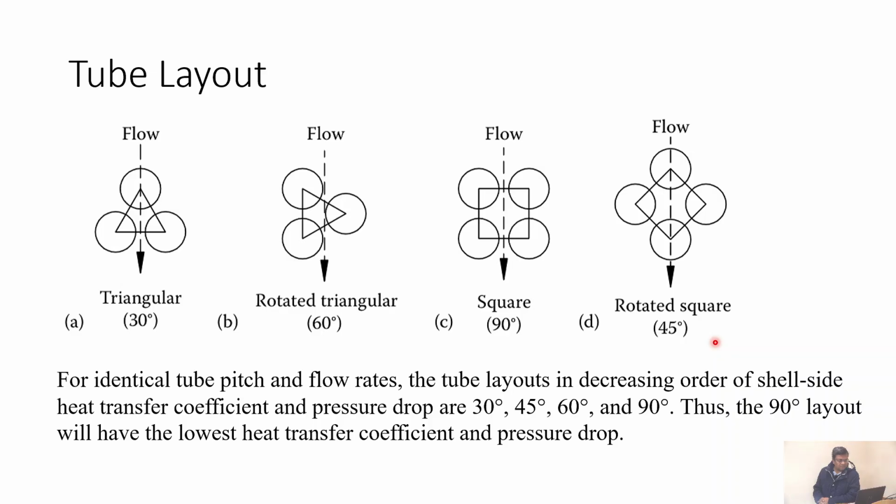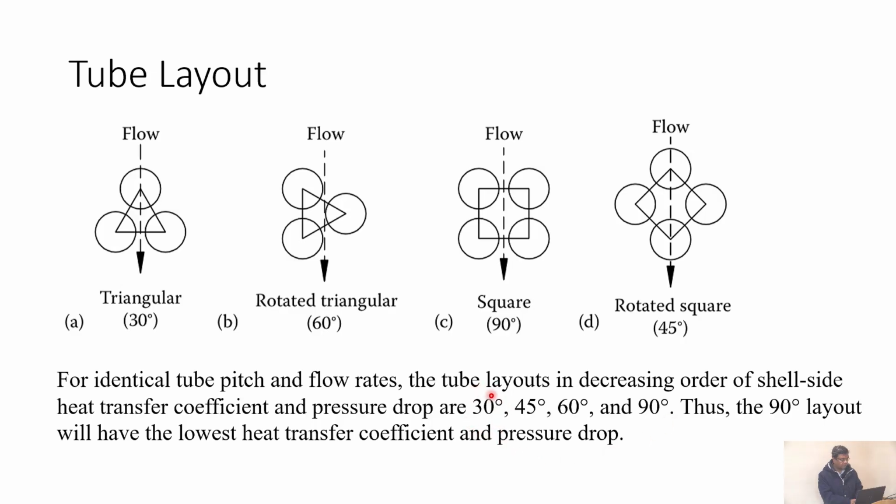So these are some of the arrangements. If you have the same tube pitch and same flow rate, then the tube layouts in decreasing order of shell side heat transfer coefficient are 30 degree, 45 degree, 60 degree and 90 degree.